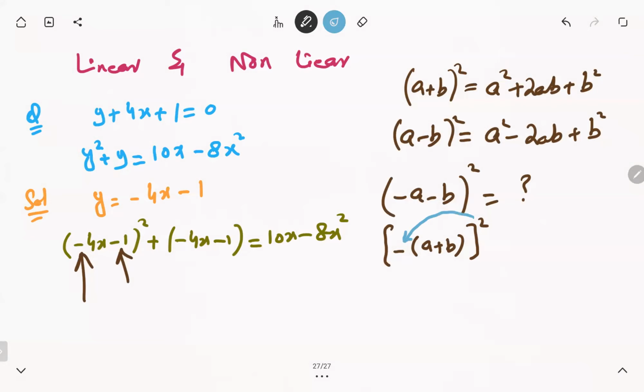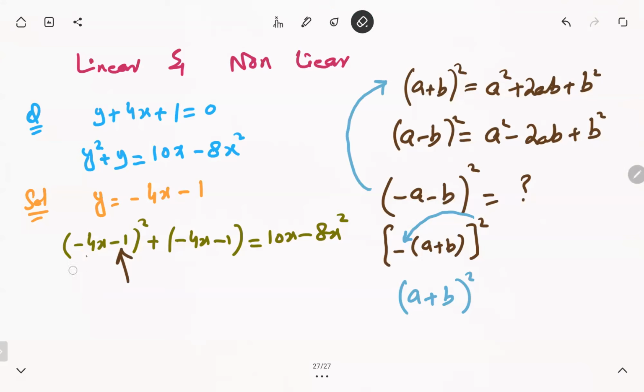That will make it positive. So in fact, you are getting positive a plus b whole square. It means minus a minus b whole square is the same as a plus b whole square. So remember this next time: whenever you have minus a minus b whole square, it's simply a plus b whole square.